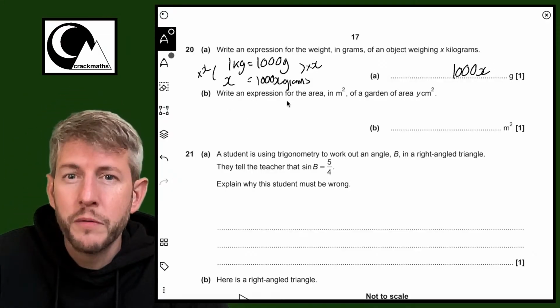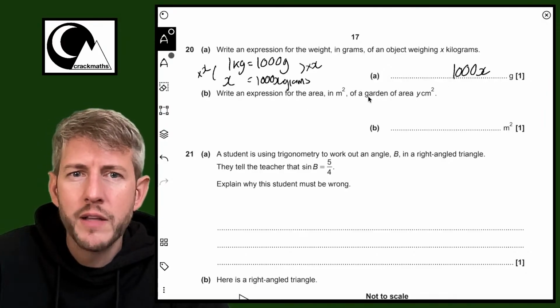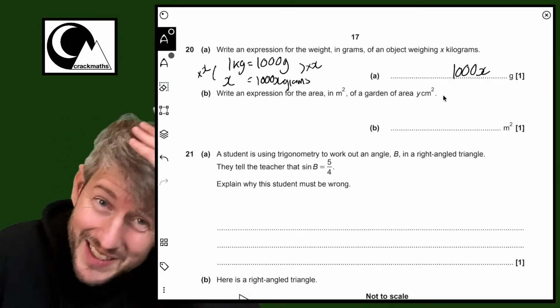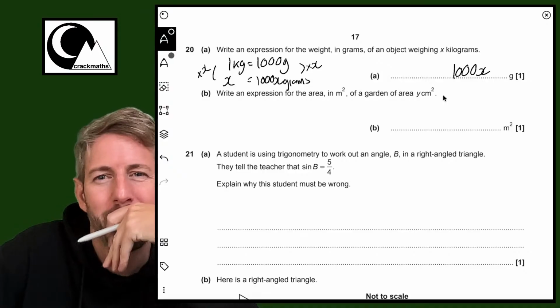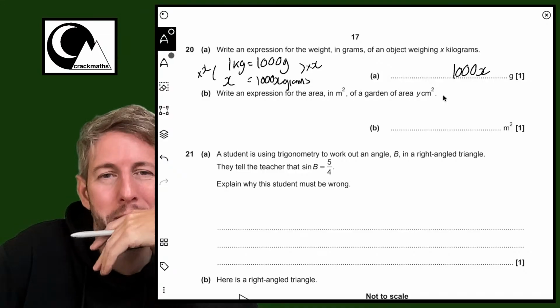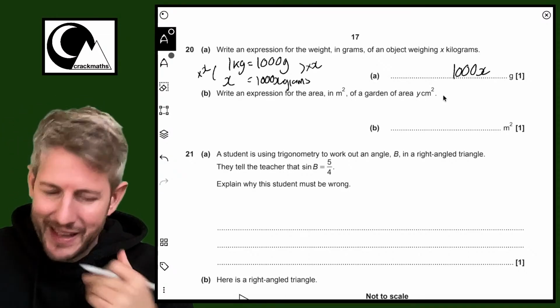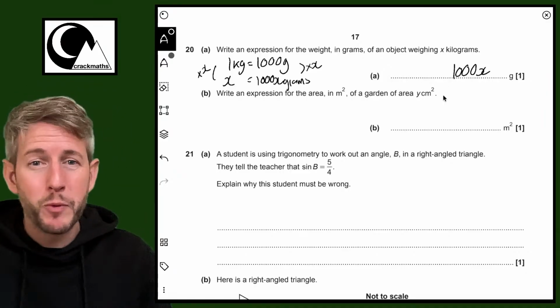Write an expression for the area in meters squared of a garden area that is Y centimeters squared. Oh my gosh. Right, so let's have a think about this. Let me just explain this one, because this one isn't one that people remember.